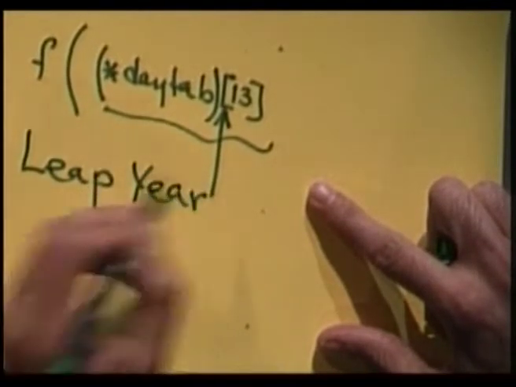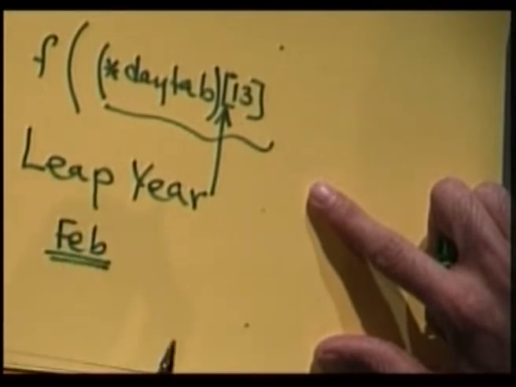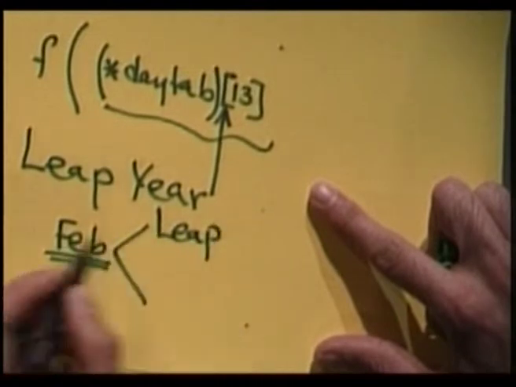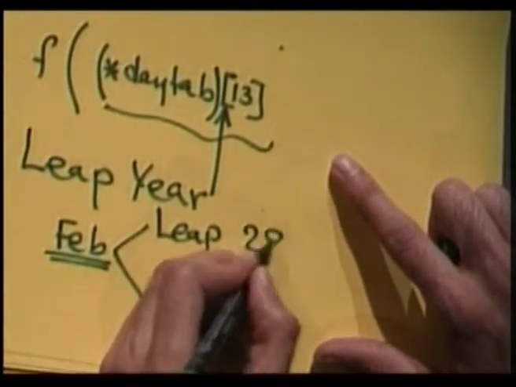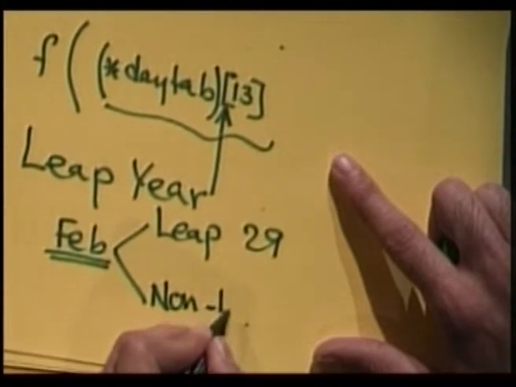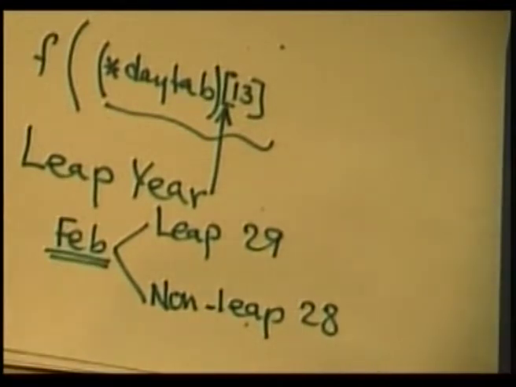What's a leap year? Well, that depends upon the month of February, actually. If the year is leap, then the number of days in February is 29 days, whereas if it's non-leap, then the number of days is only 28. And I think you all know the concept of a leap, non-leap year.